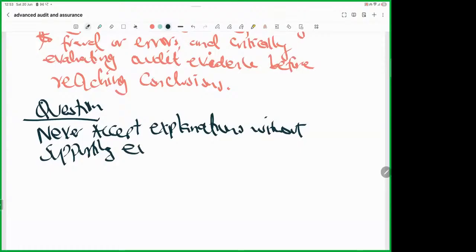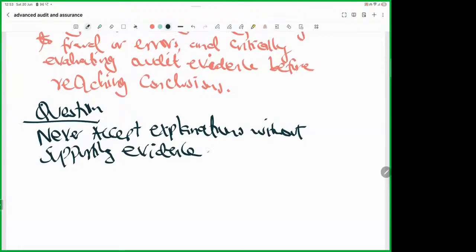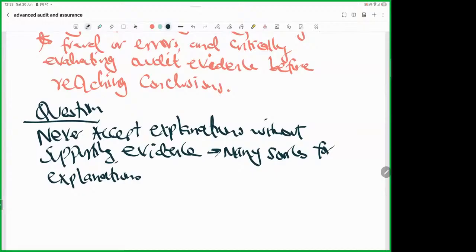And then, of course, you need many sources for the explanations, internal and external.